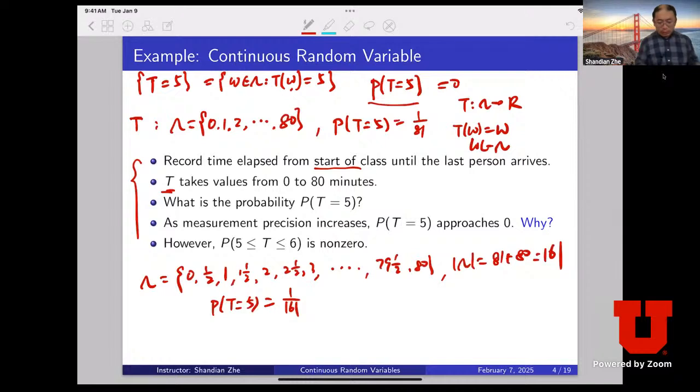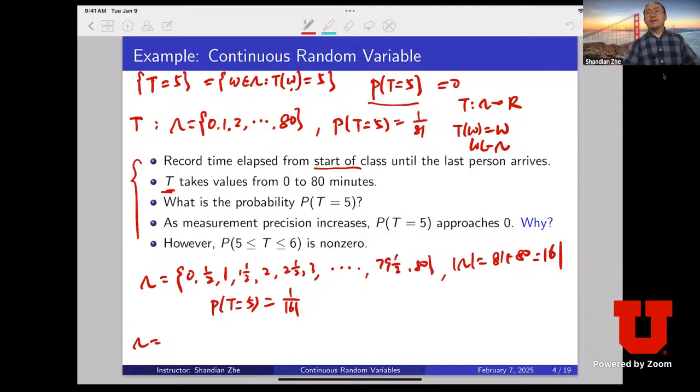Right, we can keep doing this. Assume I have an even better watch, which can count every second, not just minutes or half minutes. Then the sample space is still discrete and finite, but I'm going to have a lot more sample outcomes.